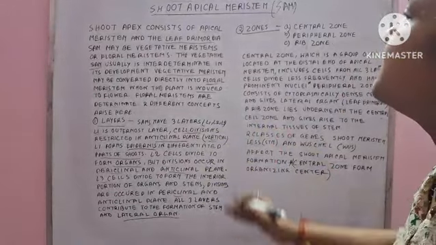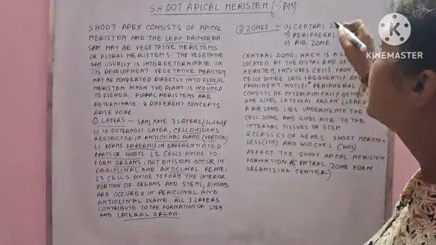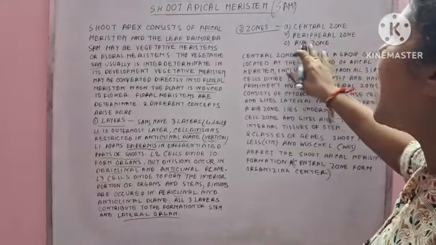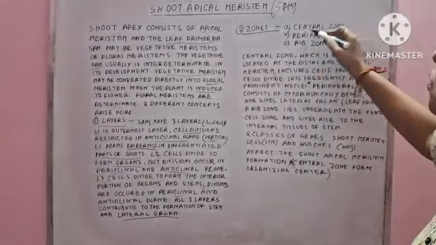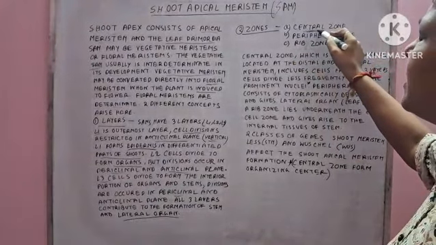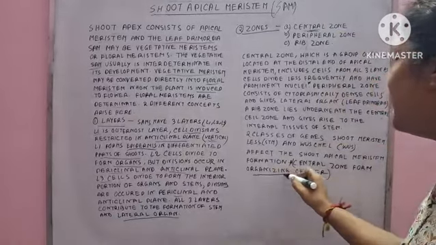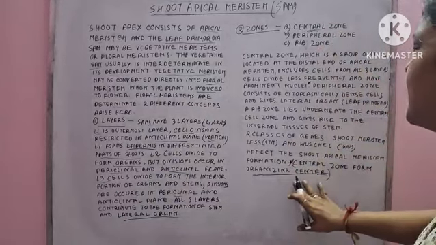The second concept is zones, which means scientists said that there are three zones: the central zone, the peripheral zone, and the rib zone. The central zone mainly helps in the formation of the organizing center.